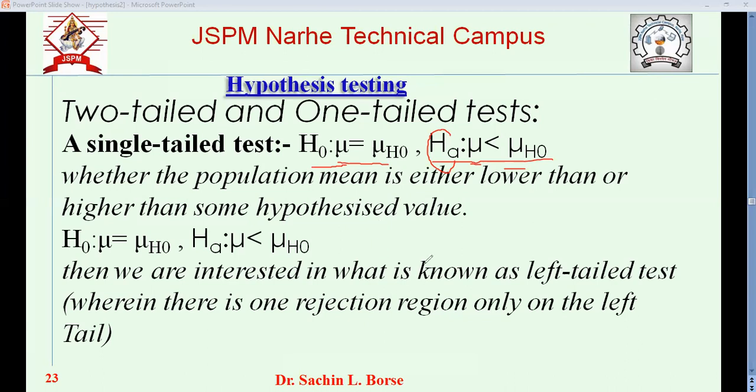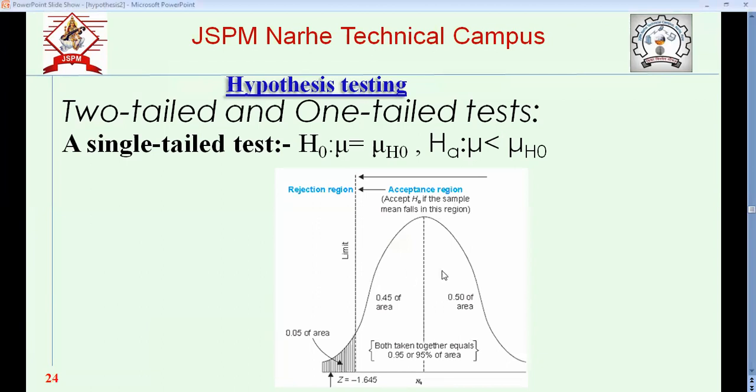So there is only one rejection area here. Earlier, in the two tail test, there were two rejection areas. Now here it is only one rejection area, and for the left tail, it is only on the left tail that it will be rejected.